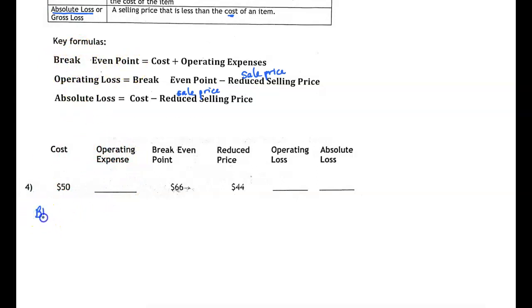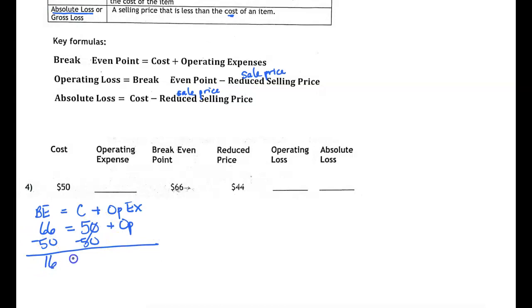So I'm going to abbreviate: break-even equals cost plus operating expenses. We know that the break-even point is $66, the cost is $50, and we need to find those operating expenses. Let me subtract $50 from each side, and I get $16 for those operating expenses. This blank right here.